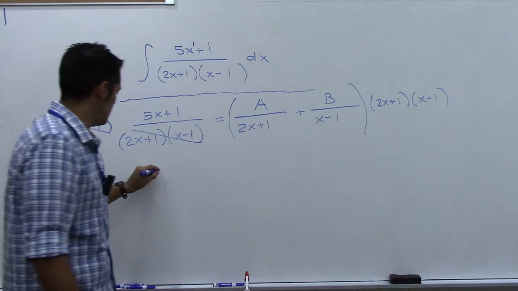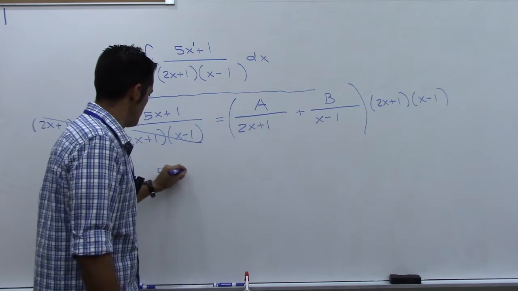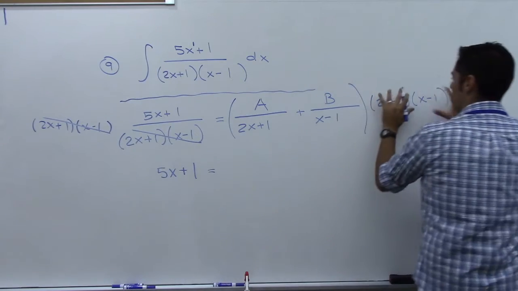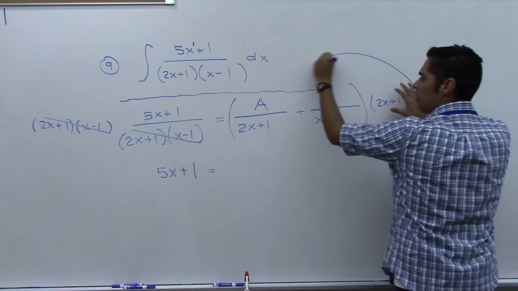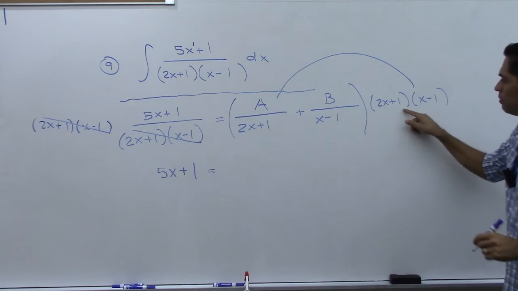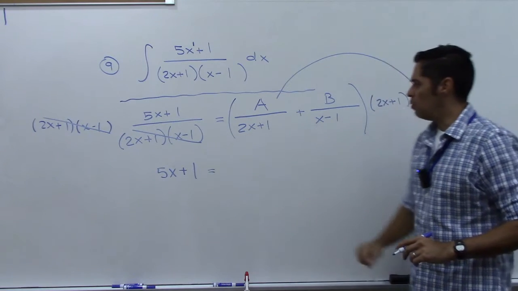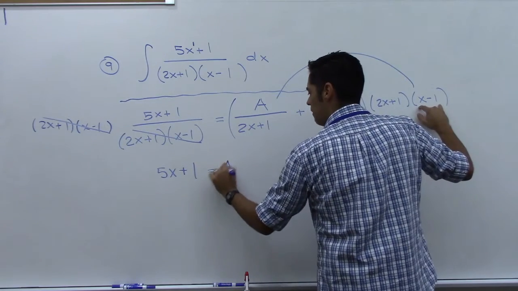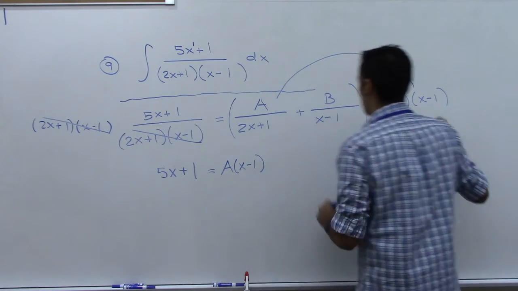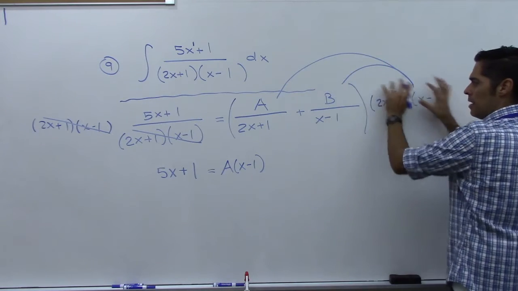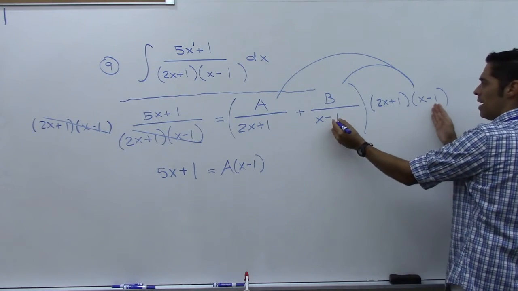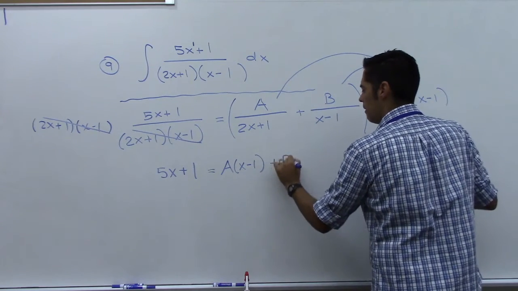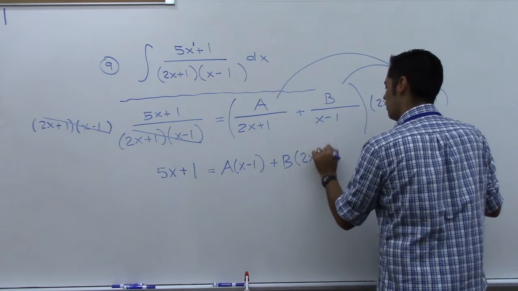So we're left with 5x plus 1 equals, now over here, when we distribute, we take this whole chunk right here and we distribute it here first. This 2x plus 1 will cancel out with this 2x plus 1. The x minus 1 will still be there and the a will still be there. So I'll have a times x minus 1. And then I distribute that big chunk here. This time the x minus 1s will cancel and I'll be left with this linear factor and a b. So plus b times 2x plus 1.